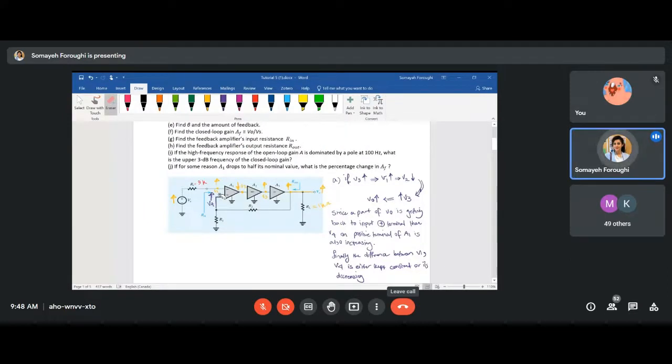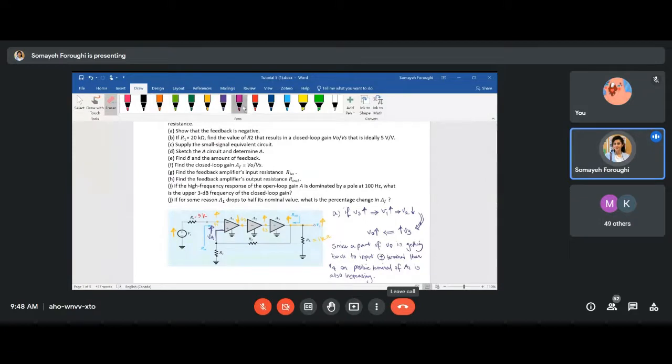Guys, in part B, it says if R1 is 20 kilo ohm, find the value of R2 that results in a closed loop gain of 5 volt per volt. So R1 is given, assumed to be 20K. It is asking us to find R2.